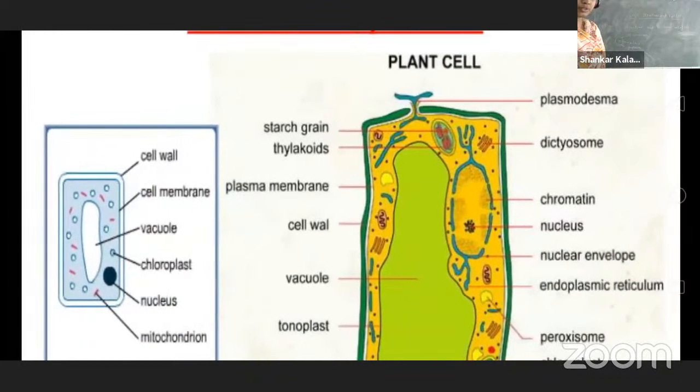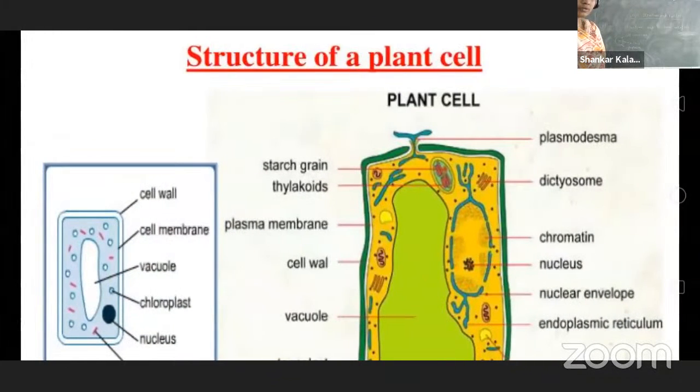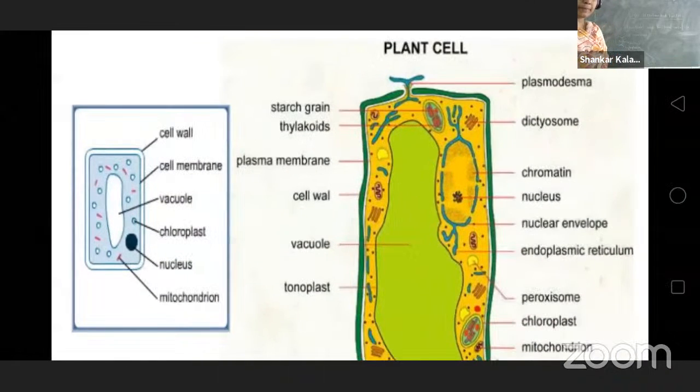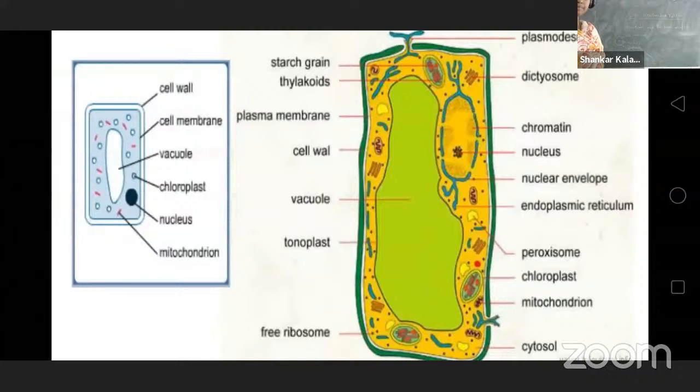I am showing the picture of a plant cell, students. We will not discuss all the parts, because in this lesson we have to learn only some parts of this plant cell. Can you see the left side, one part in the box?